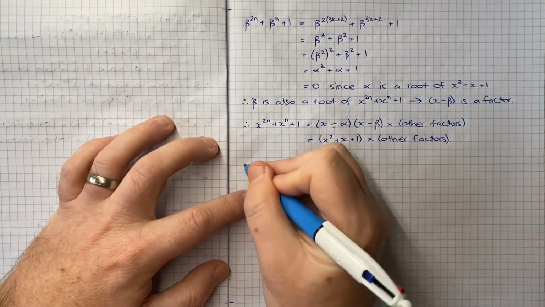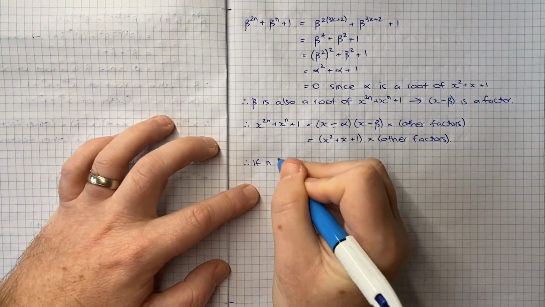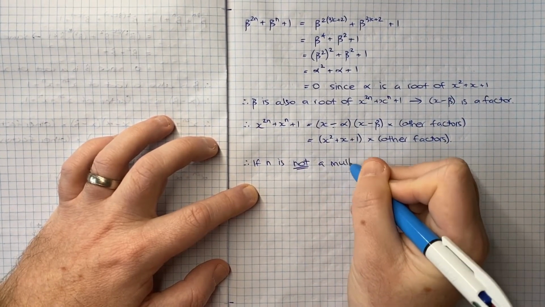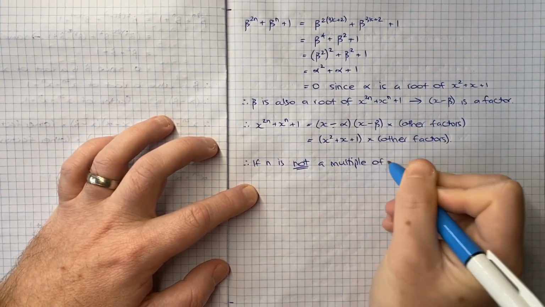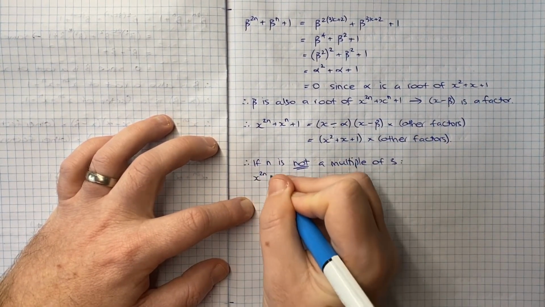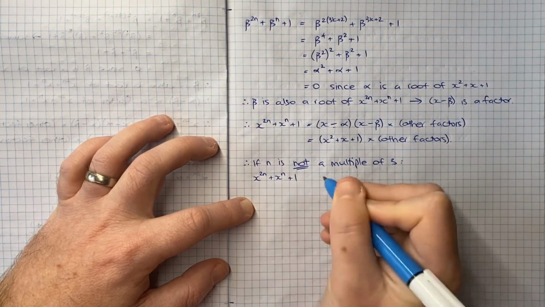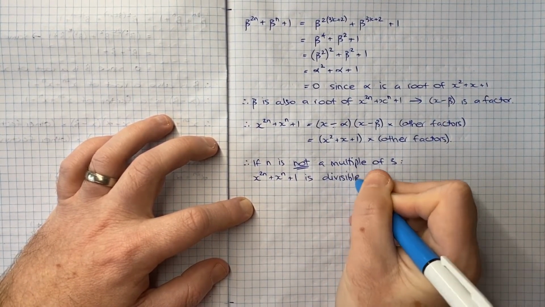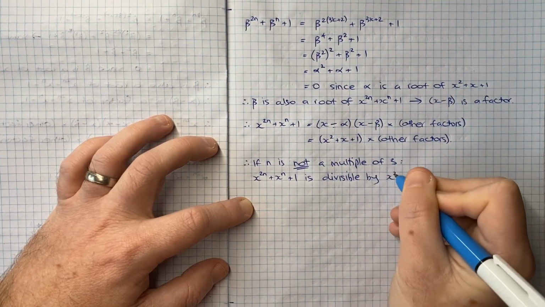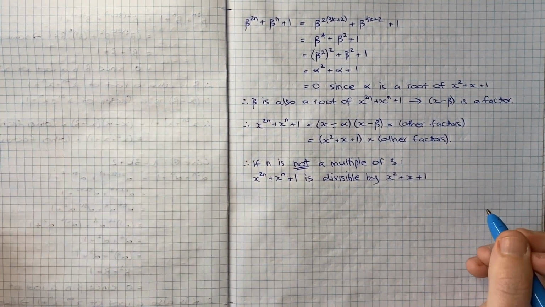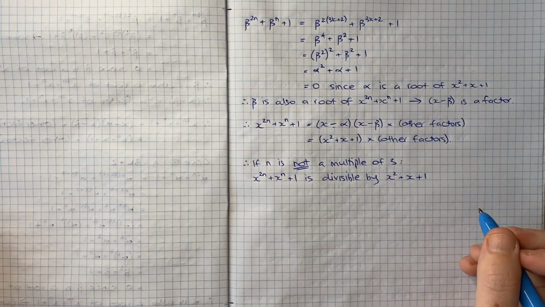So therefore, if n is not a multiple of 3, then we can conclude that x to the 2n plus x to the n plus 1 is divisible by x squared plus x plus 1. Alright, so that's how you get through that question.